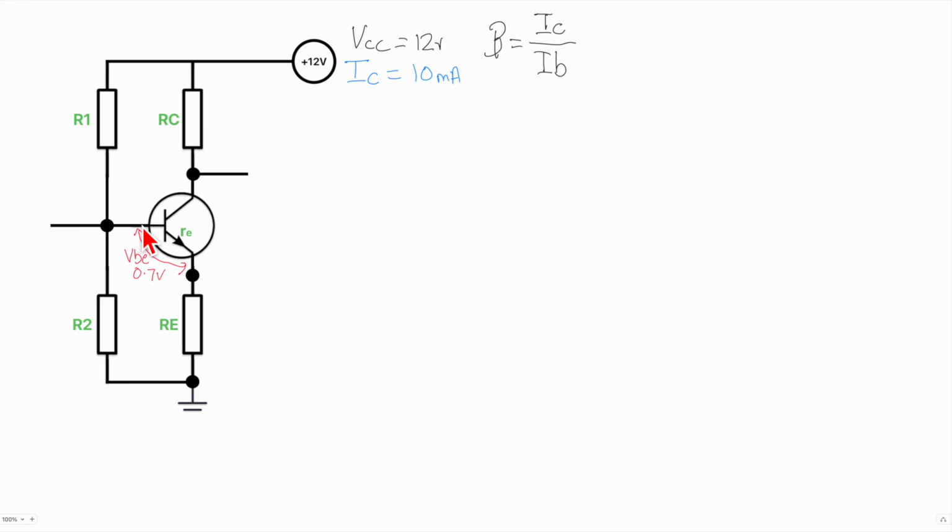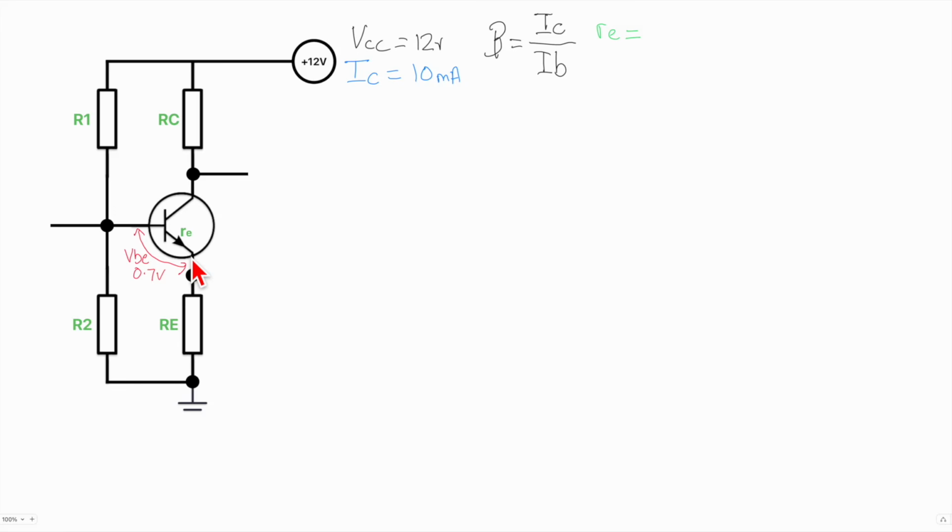But this base emitter junction is seeing a resistance. Now, this resistance is interesting because it's a resistance which is intrinsic to the transistor itself, and we call it little r e. And I'm going to give you a very simple equation now.